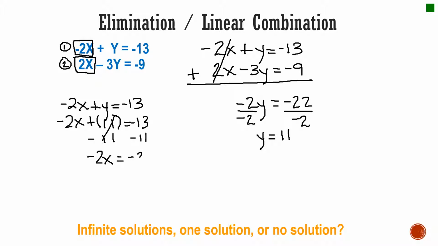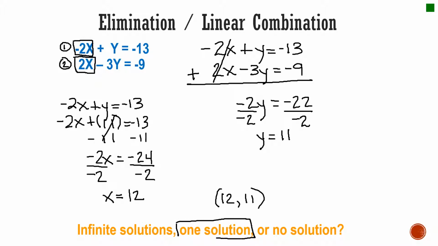This gives me negative 24. I have to divide by negative 2 on both sides. x gives me 12. So my solution to this equation is going to be 12, 11. So I have one solution here. There's my x and there's my y. Okay, this one eliminated just nicely.